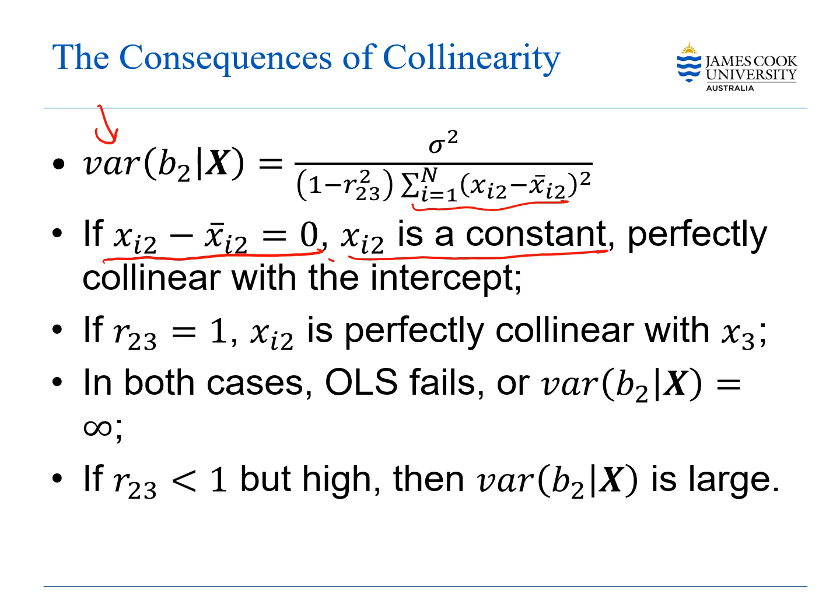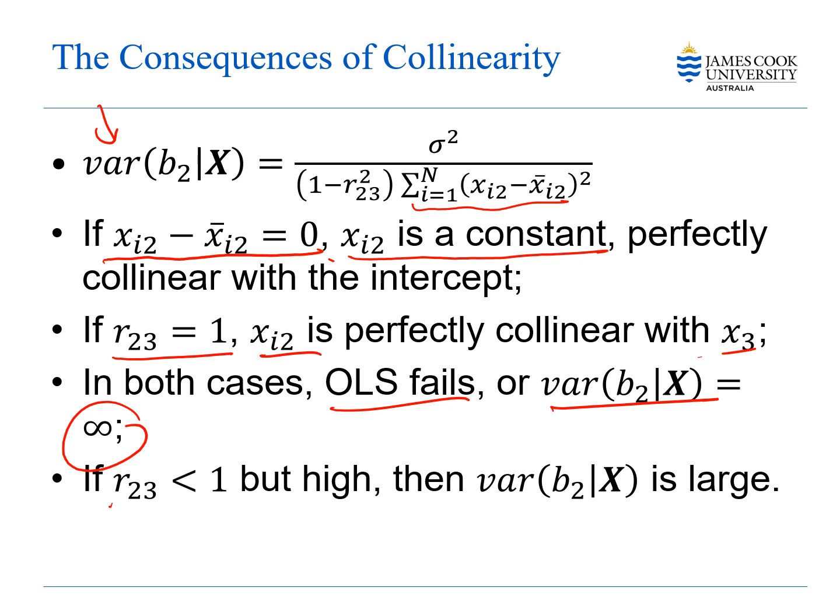We run into a problem. If x2 and x3 are perfectly correlated, so the correlation is 1, there's a perfect collinearity between x2 and x3. OLS fails. We cannot do the estimation. The variance becomes infinity.